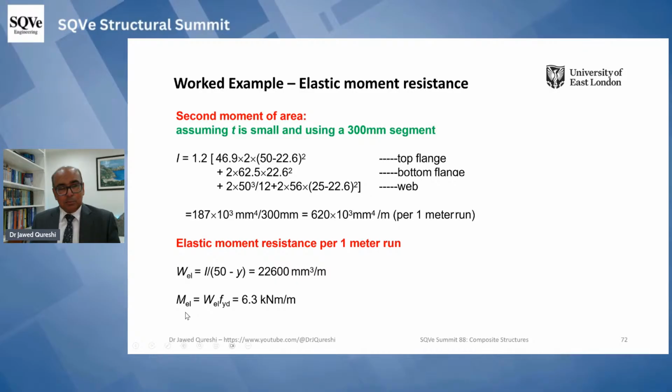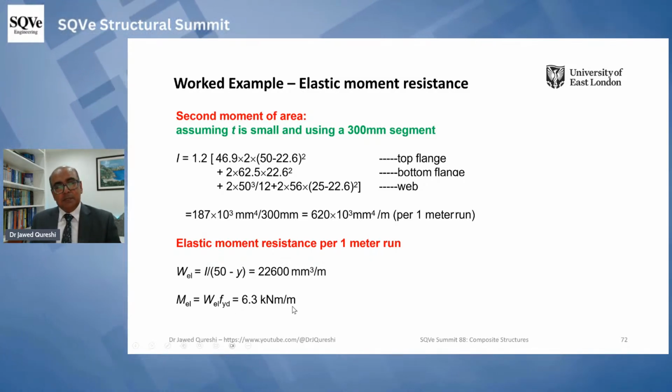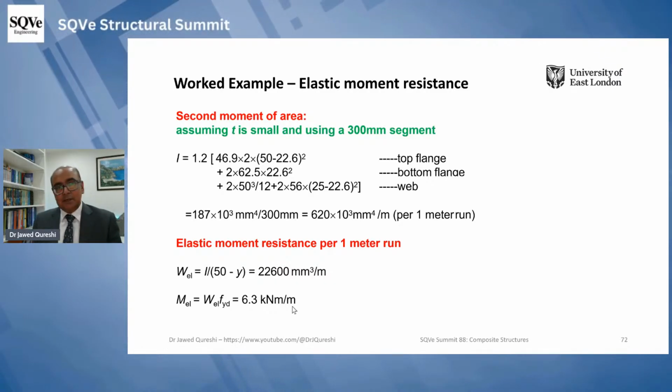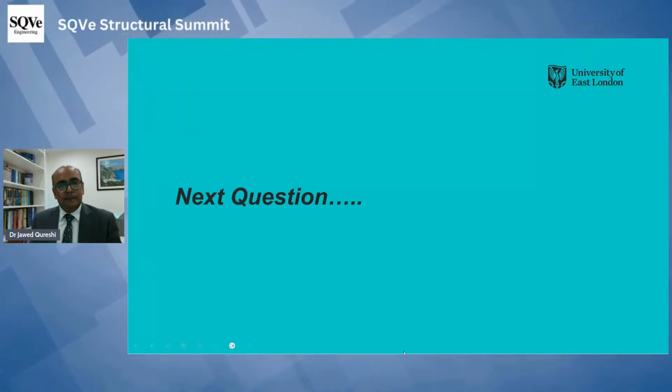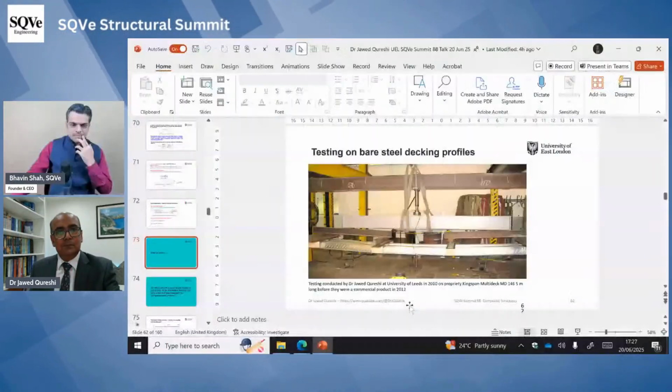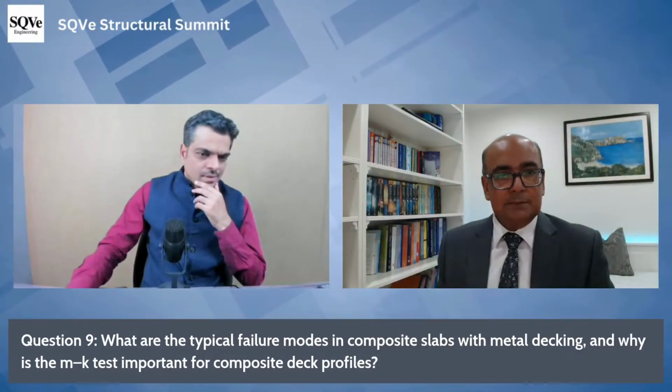Once we have the elastic section modulus, then the elastic moment will be the elastic section modulus multiplied by Fy, and from here we get 6.3 kilonewton meter. So that's how we work out the moment capacity. You will have a copy of these slides, and then you can go through this example yourself. I'm doing it quickly in the interest of time. Then I will move to the next question.